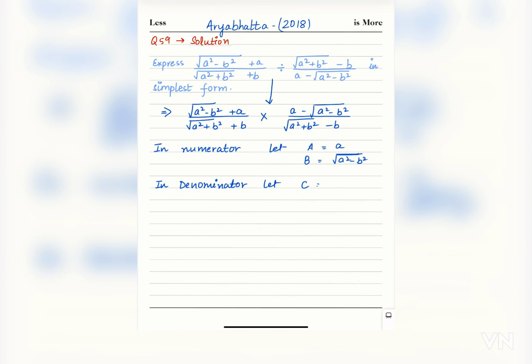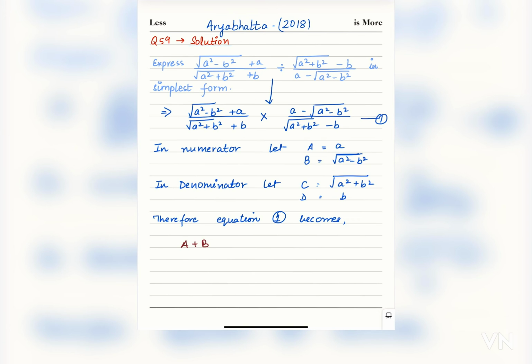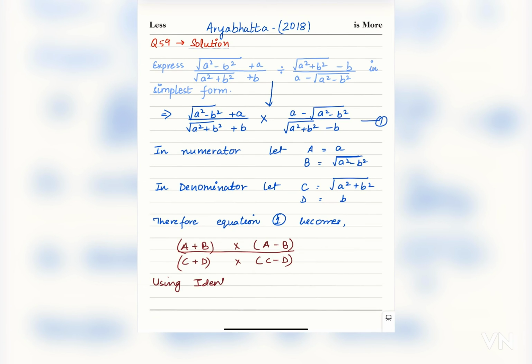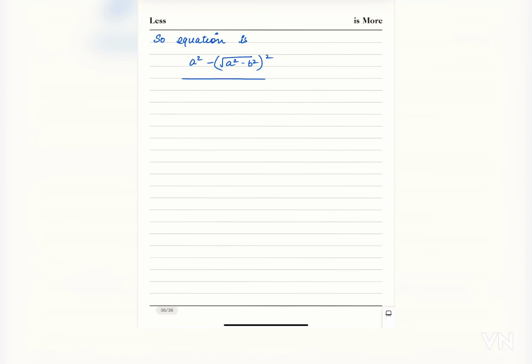Now let's first simplify this by assuming a few terms as A, B, C and D. Now as we simplify this in equation 1, we get our term in the form of A plus B into A minus B in the numerator and in the denominator as C plus D into C minus D. Now just by looking at it, we can easily use the identity in the numerator and denominator, and we get the equation as a square minus b square upon c square minus d square.